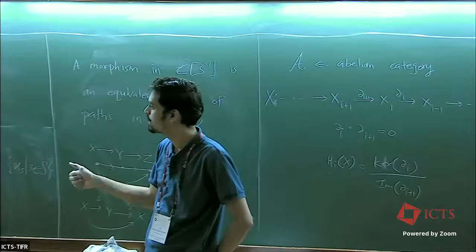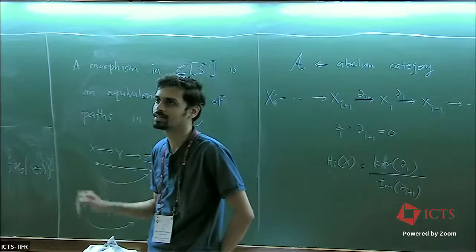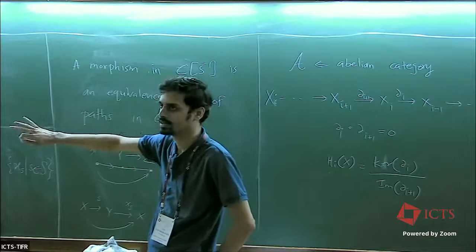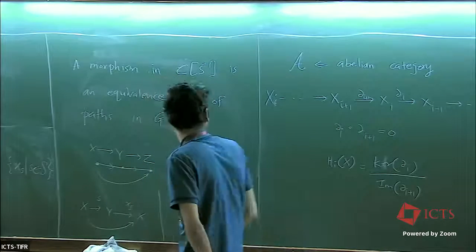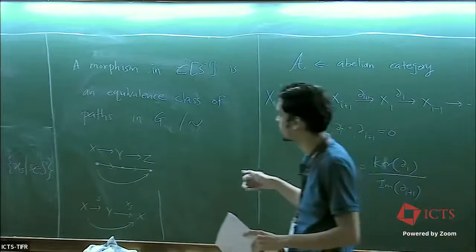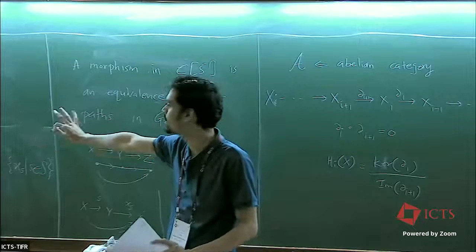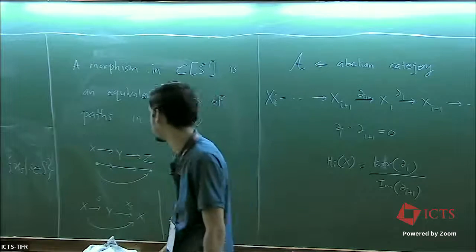So that way it will give you a locally small category in nice cases. But this construction is in general. What we want to do here is invert quasi-isomorphisms. But this is a general construction of localizing a category at a class of morphisms in it.